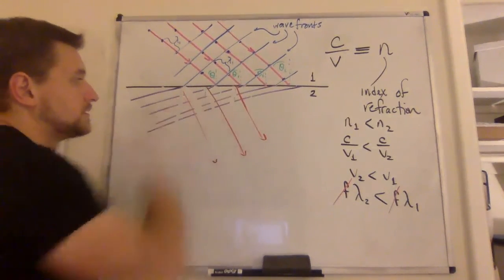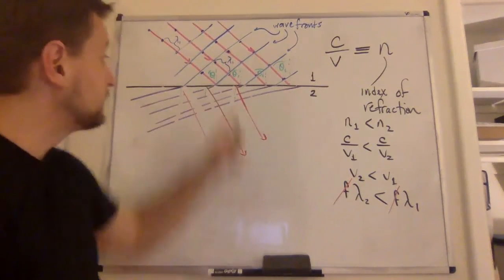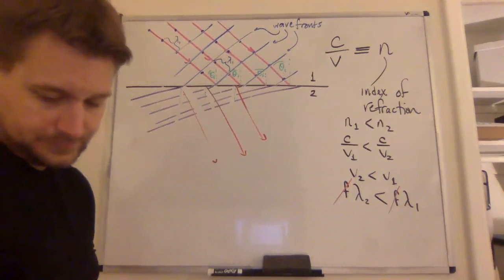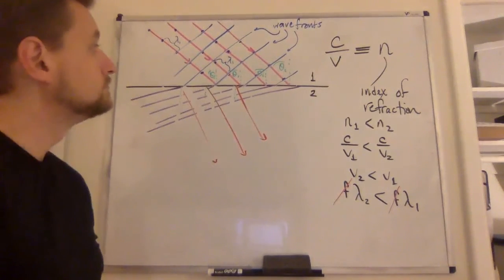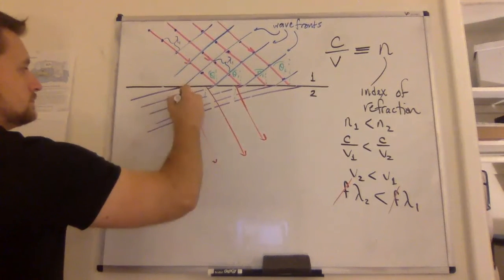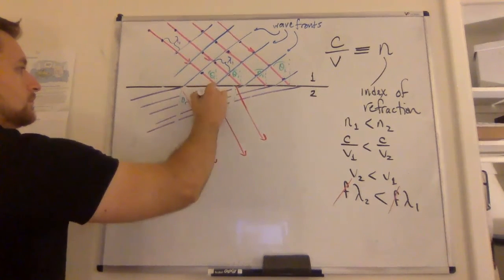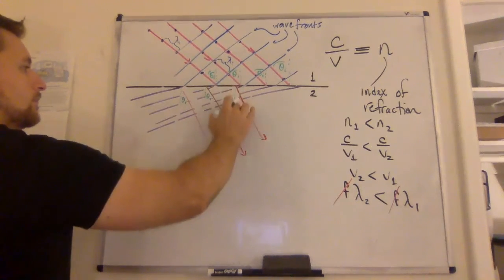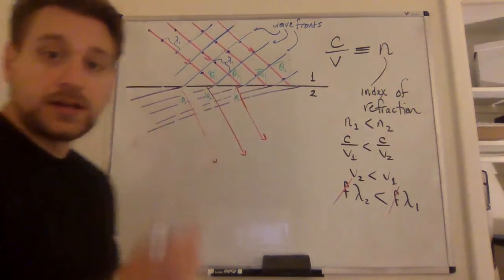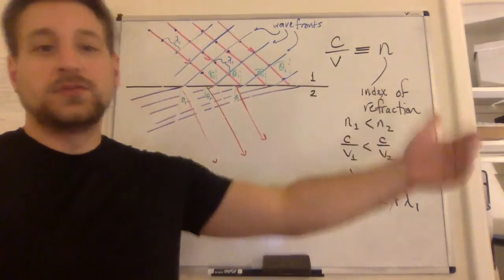These angles are all the same, but they're smaller than these angles. Use the same symbol, theta r. We're not talking about reflection anymore. We're talking about refraction.